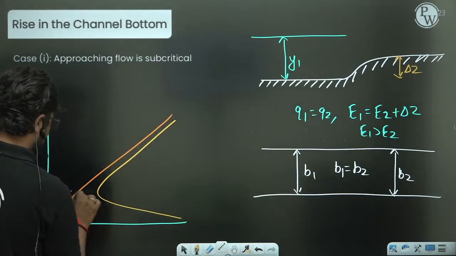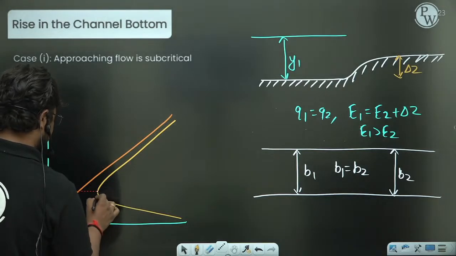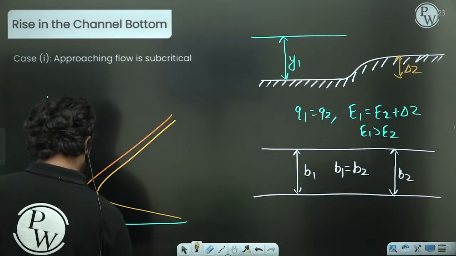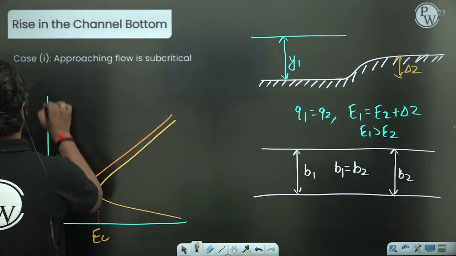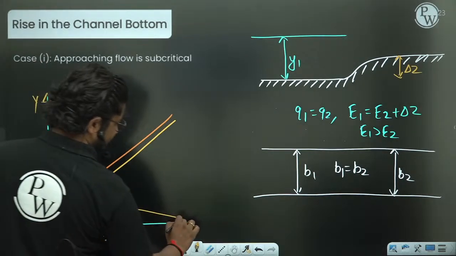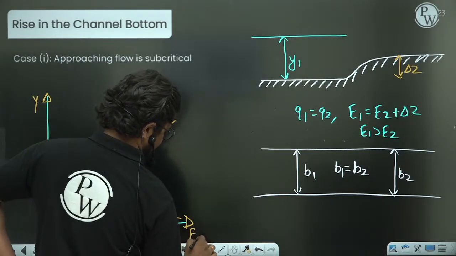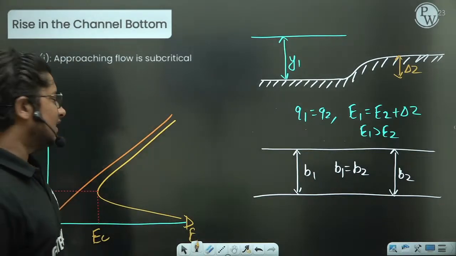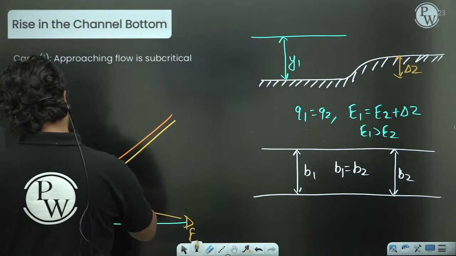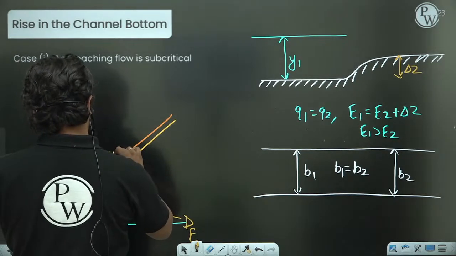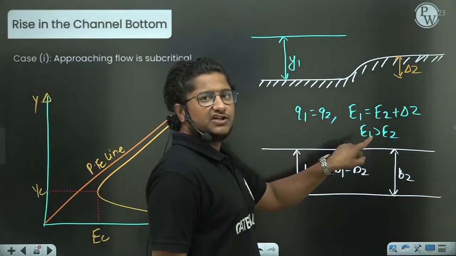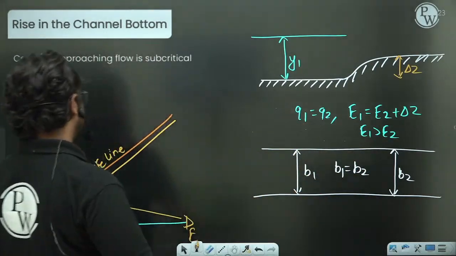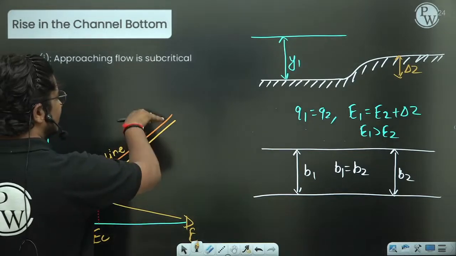So this is the minimum point, or you can call it the critical point. Here you are getting EC as critical. This is the Y. Now look at my dear, if I want to plot E1 and E2, as it is subcritical, I will be looking in the upper part.